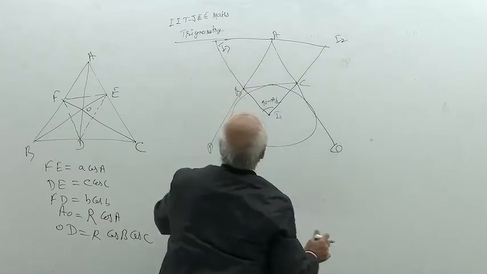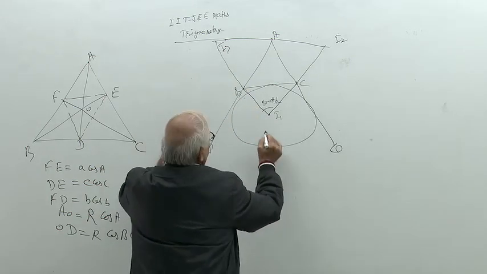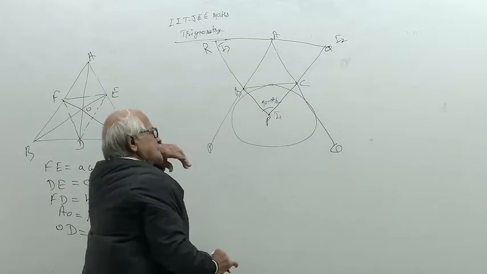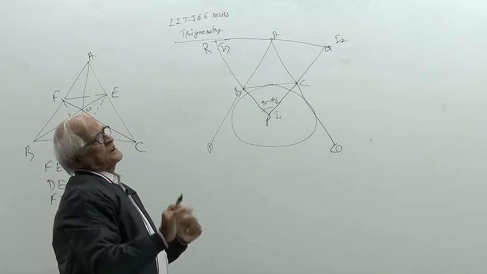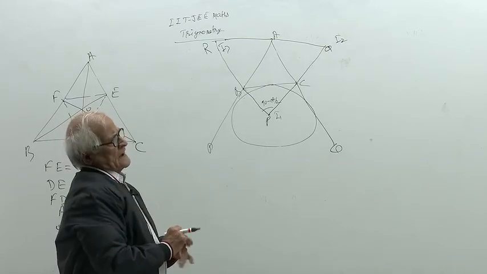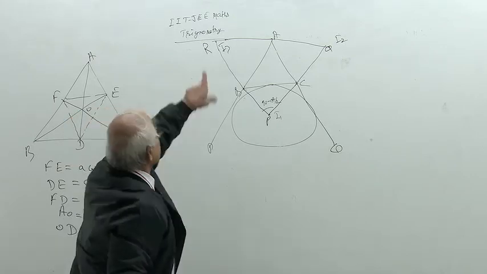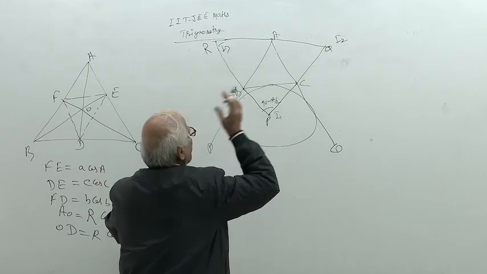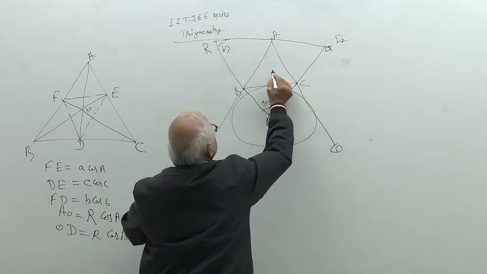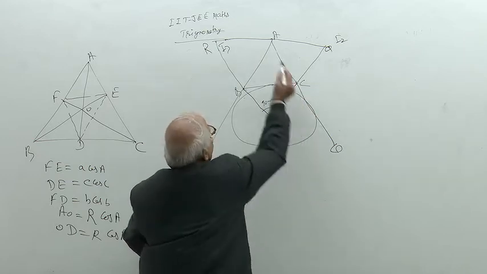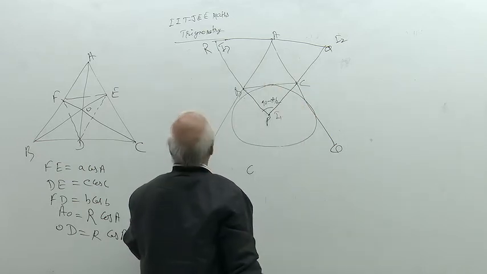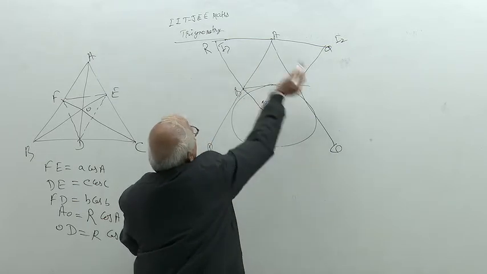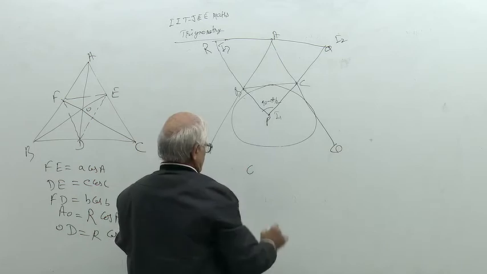Now this triangle PQR, this is the PQR excentral triangle, and its center is at the incenter of the smaller triangle, because here ABC is the pedal triangle of PQR.